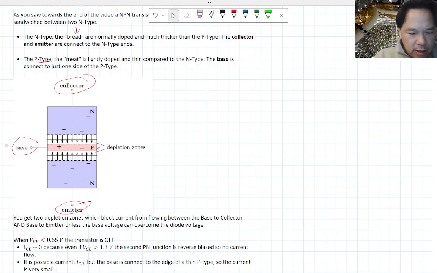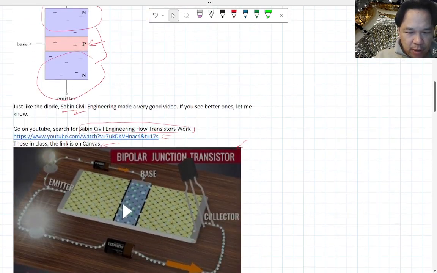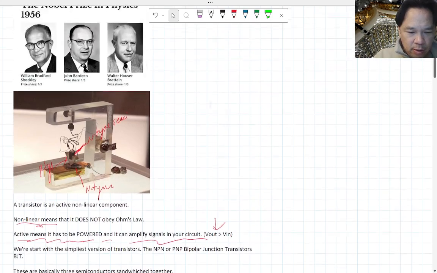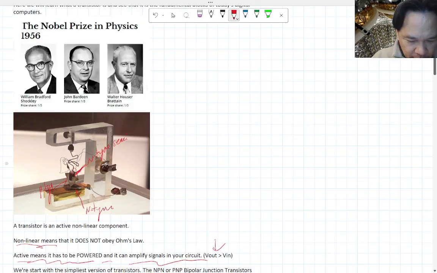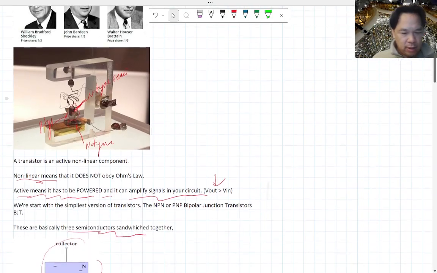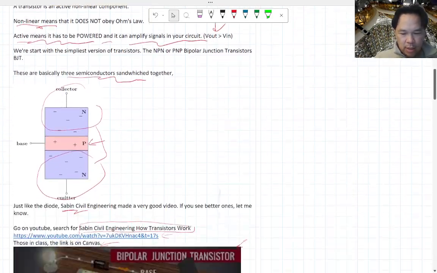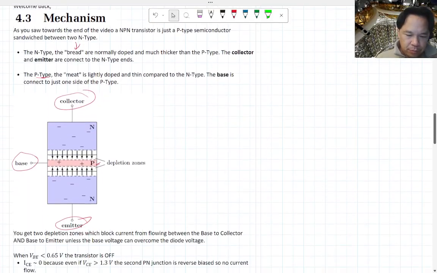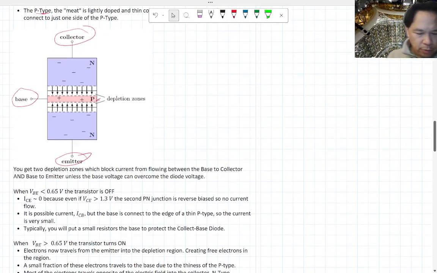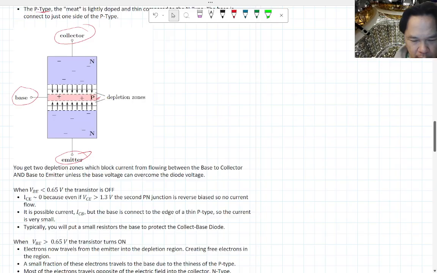Hopefully you can see this diagram compared to what Shockley, Bardeen, and Brattain built. You can see there are three things, little metal-ish, and these are the semiconductors squished together in 1956 to make the first transistor. Okay, so let's describe how this mechanism works.